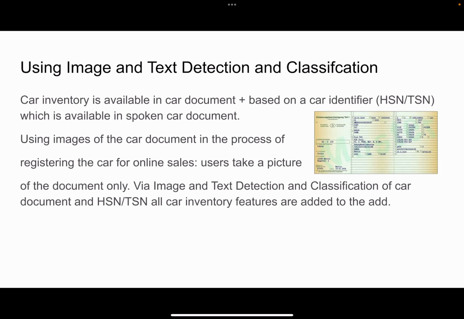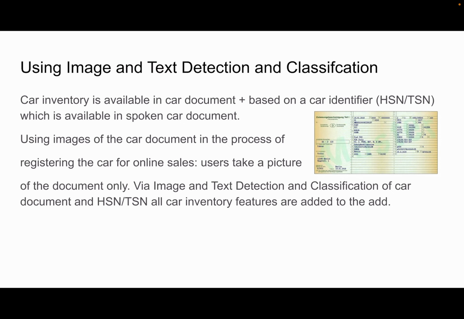The solution concept. I would like to use image and text detection and classification. In Germany we do have a car document, which you can see here on the screenshot, which holds all relevant information. Plus we do have a car identifier, called HSN TSN, the OEM's key number, which stores a lot of information regarding the car inventory.